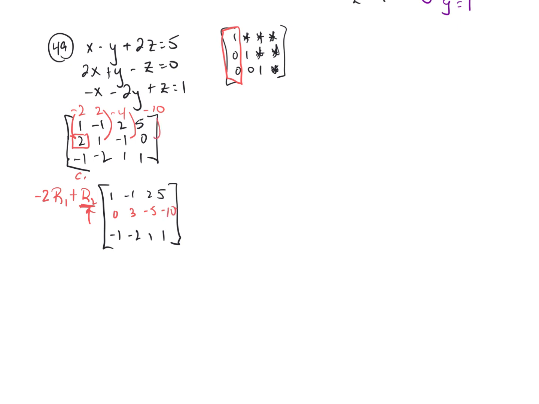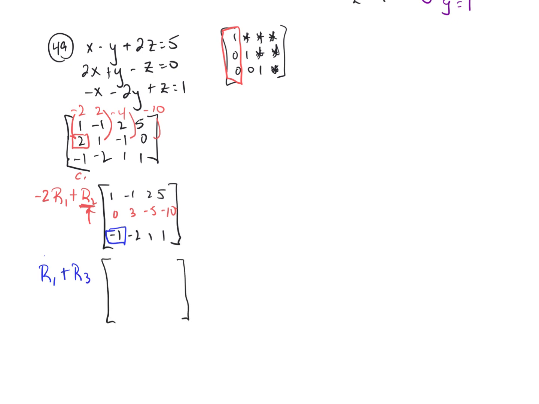Okay, so far so good in column 1. The last thing I want to do in column 1 is get this bottom left value to be 0. Now what's really nice here is it's already the opposite of row 1. So I'm not going to do any multiplying this time. I'm going to add row 1 and row 3.